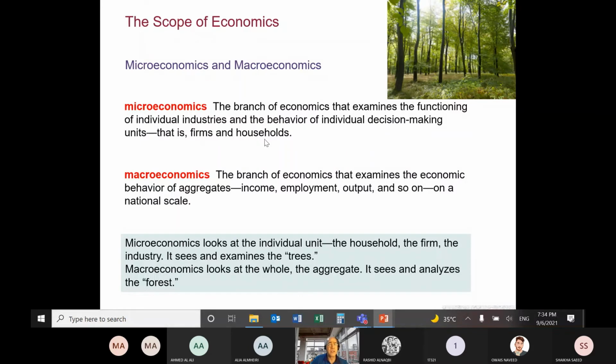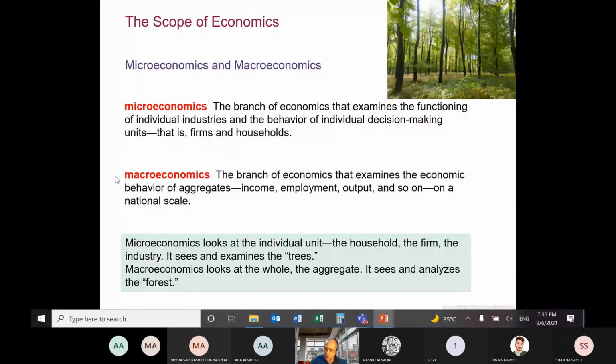A household such as Salim has to make a decision about how many kilos of tomatoes should be purchased to get maximum happiness. So this is, in a simple way, microeconomics. I can spend an hour explaining microeconomics, but that's enough.